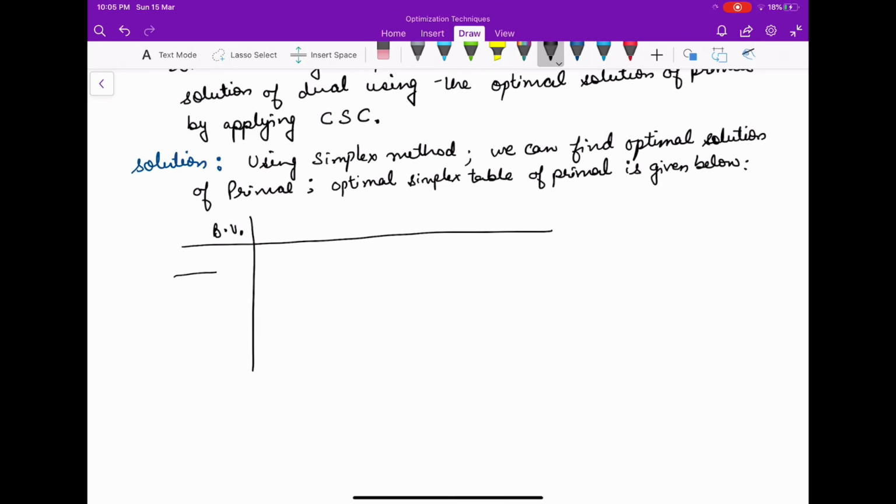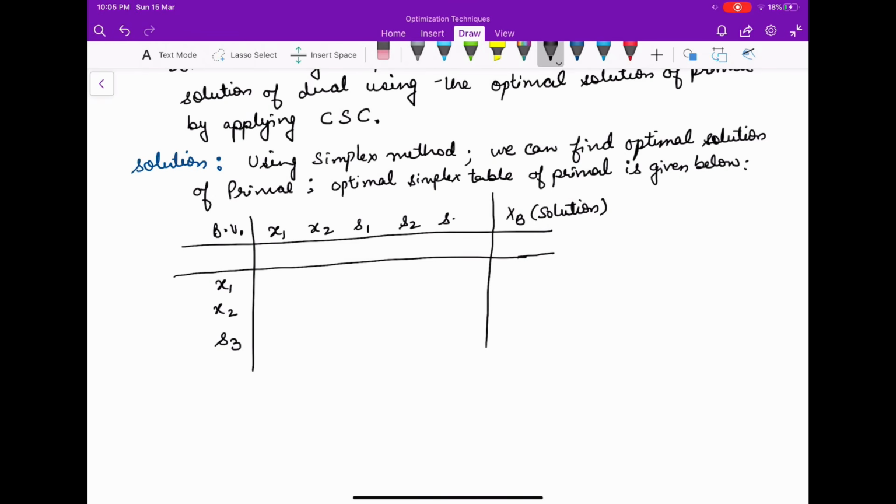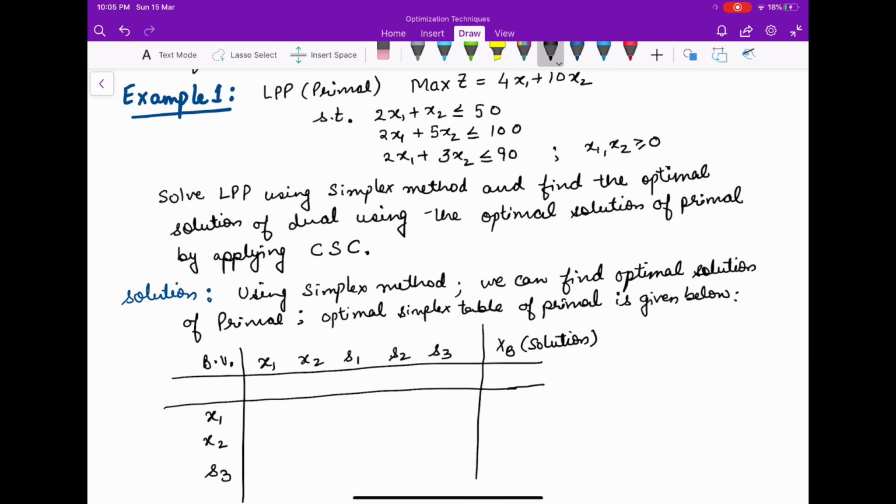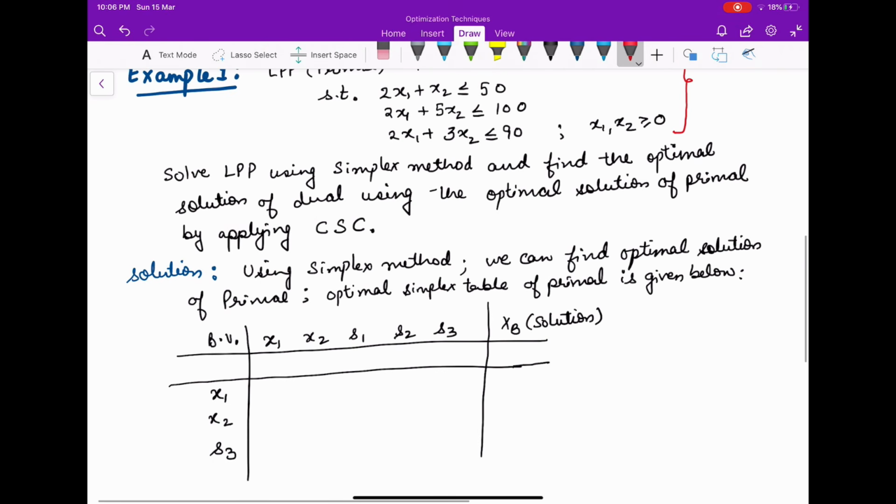So we have basic variables, we have Zj minus Cj, and here I'm writing the solutions. In the optimal simplex table, we see that x1, x2 and s3 appear in the basis, and here we have all the variables x1, x2, s1, s2, s3. As you can see, there are two variables in the primal problem, and then there are three slack variables that appear in these three constraints.